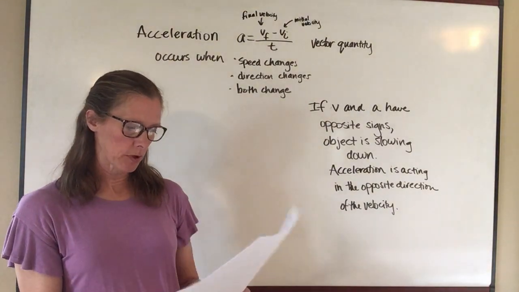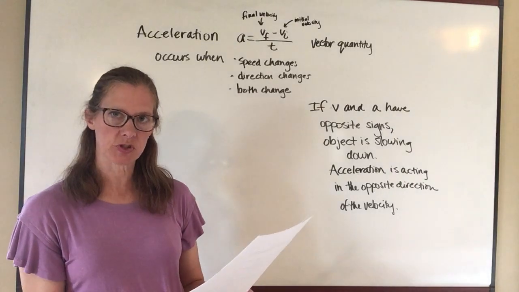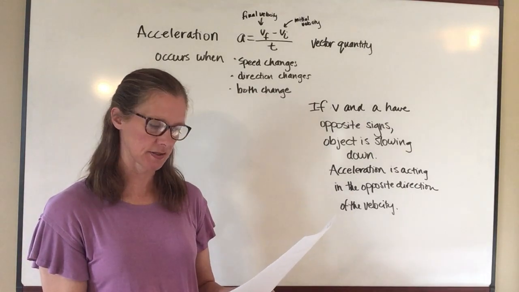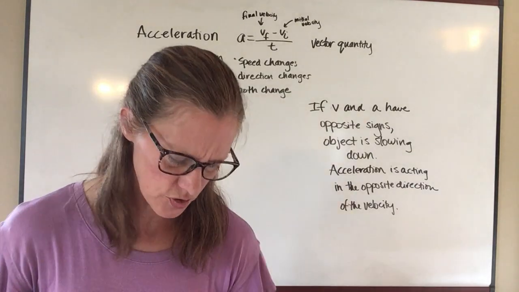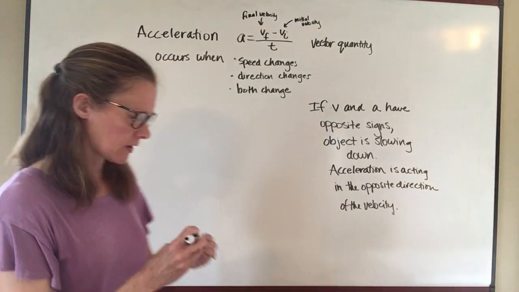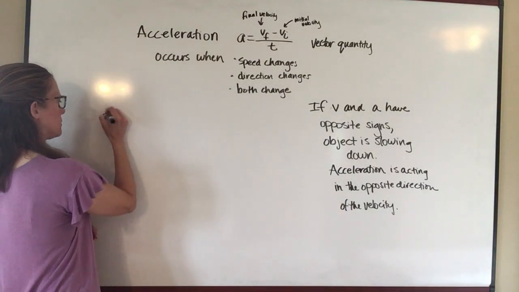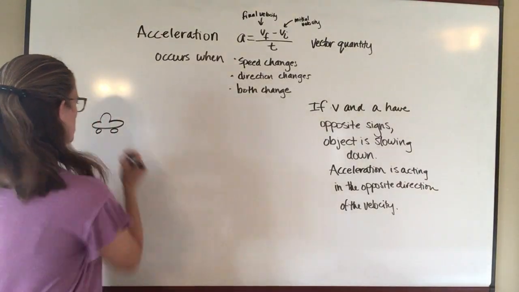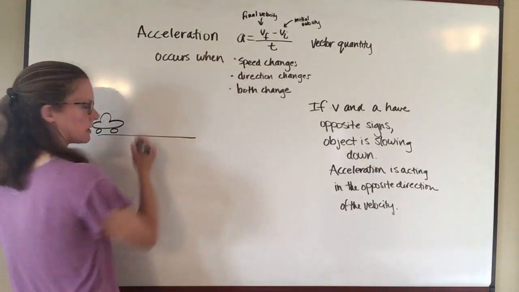All right, the last problem says a sports car travels from 0 to 60 miles per hour north in 6.1 seconds. What is its acceleration? Okay, so I have my sports car. I know, doesn't look like a sports car. Okay, so the sports car is heading north.